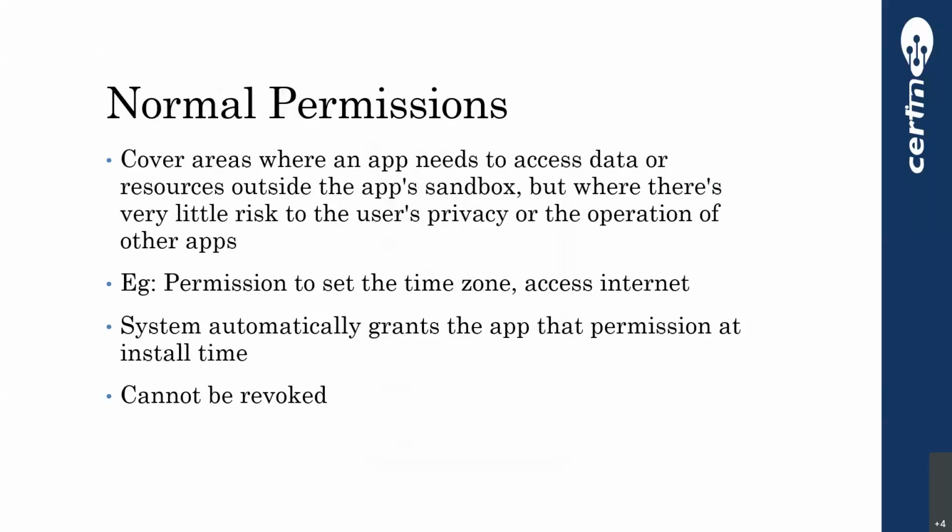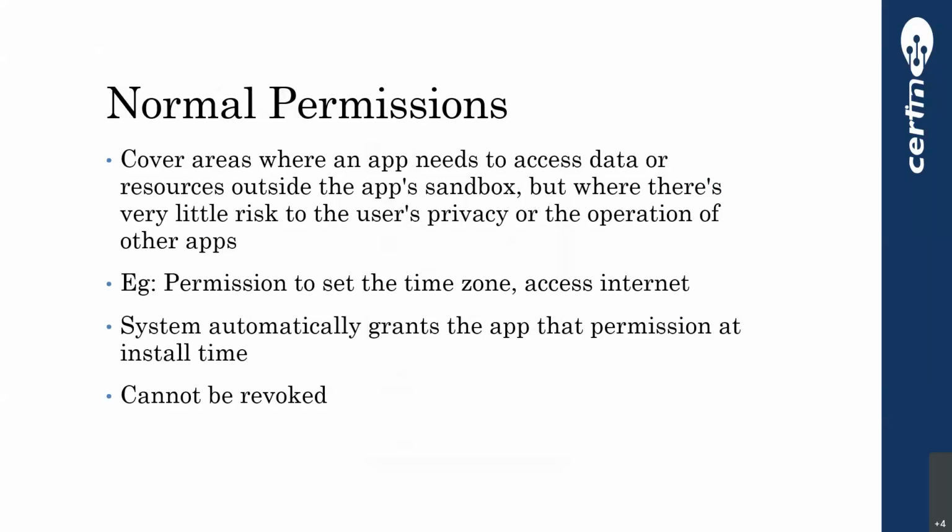The application will obviously show you the list of these permissions, and when you click on that install button, you're basically agreeing to give all these permissions to the application. The main point about these permissions is that they cannot be revoked once you have given them to the application.